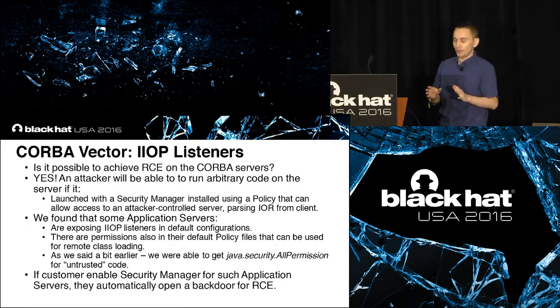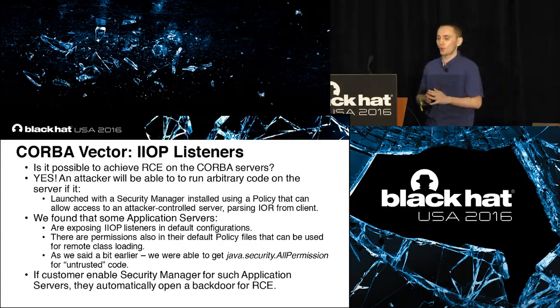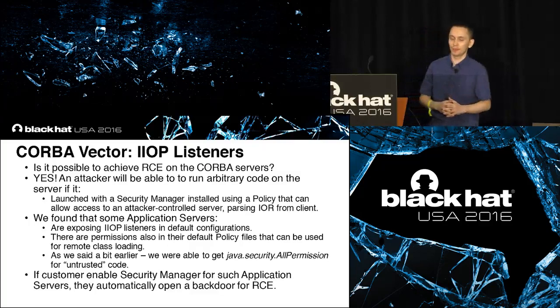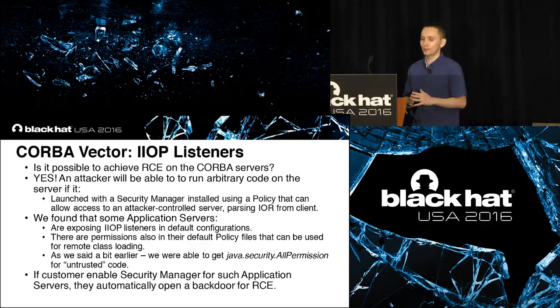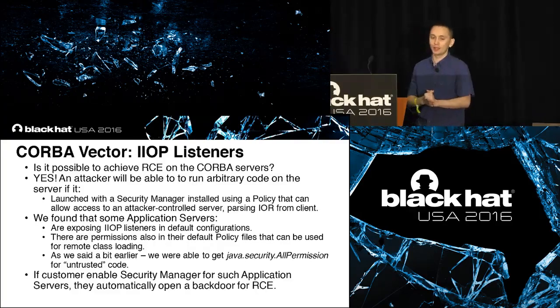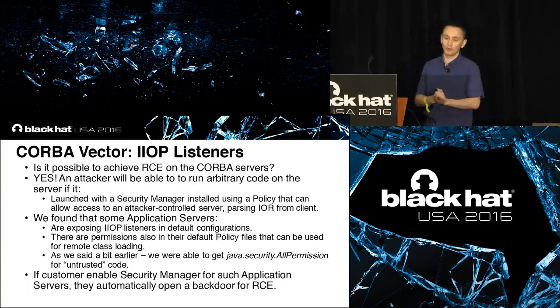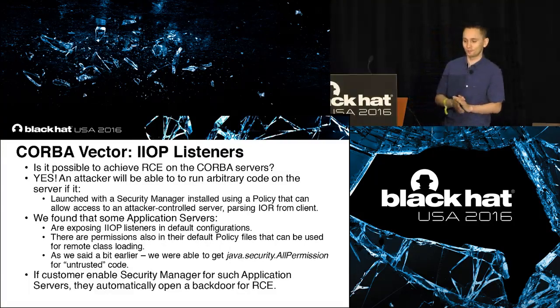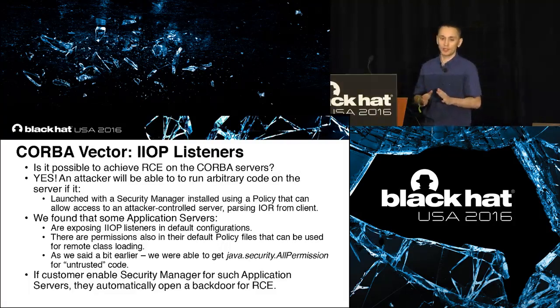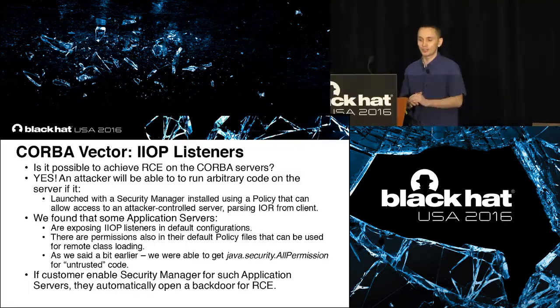Furthermore, if you remember, we already had installed a few application servers. So we quickly tested them and figured out that some of them are exposing CORBA listeners in default configurations and have the needed permissions in their policy files. And as we saw a bit earlier, we were able to get AllPermission for untrusted code. So if a customer enables the security manager in this application server, he can automatically open backdoors for a remote code execution attack.